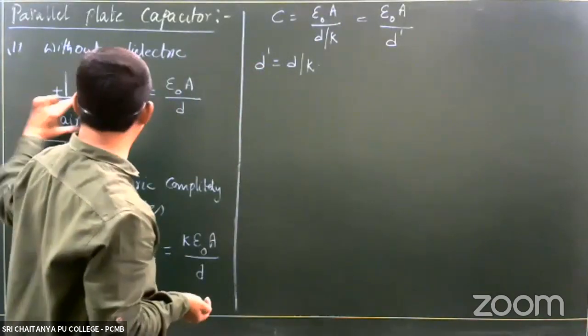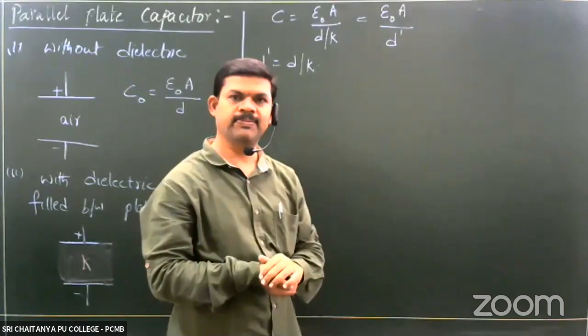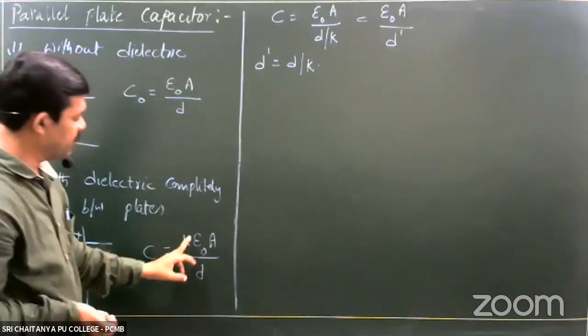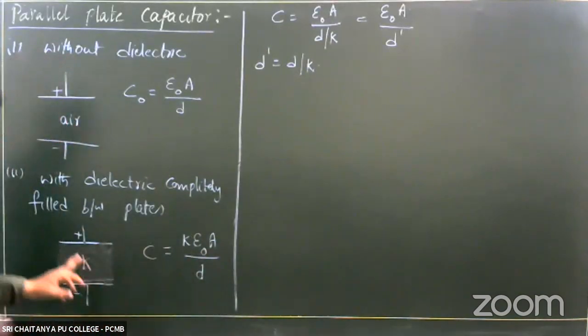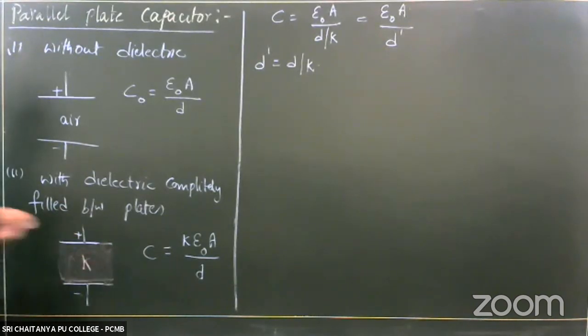When the gap is filled with air, it appears like that: epsilon naught A by D dash. But actually, we derived it from the formula K epsilon naught A by D, whenever a dielectric medium is completely filled between the plates.